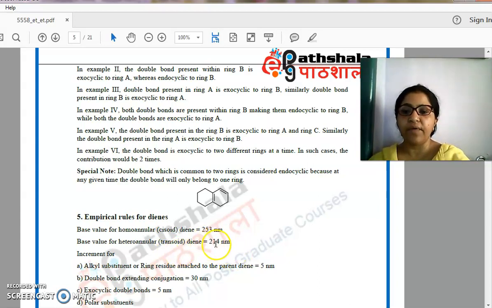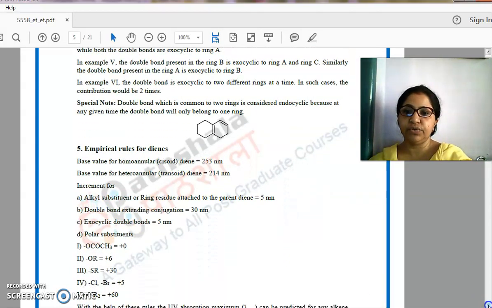So it is 214. Now, as and when you are having different types of substituents, you have to keep on adding the value. This is the base value, and there are different increments that will be added based on the structural information given to you.